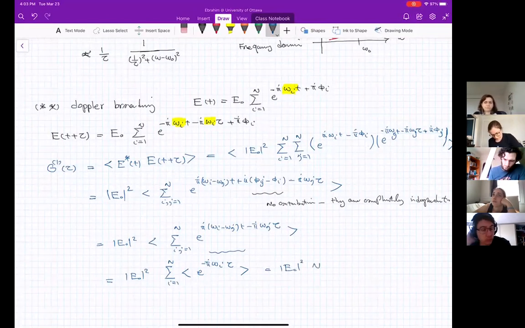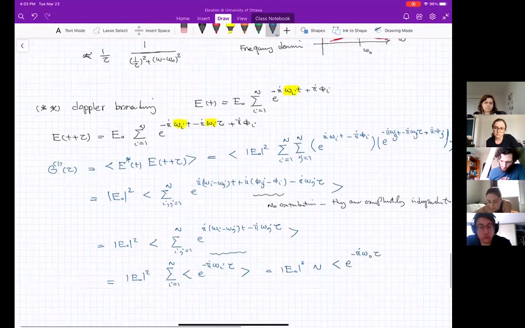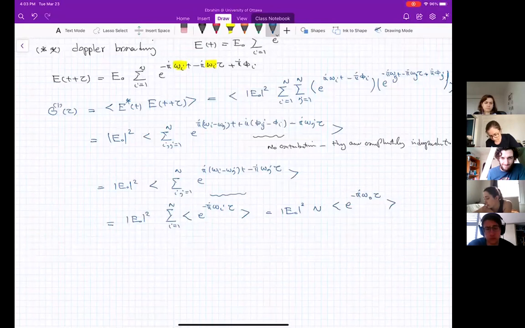Then that will look like n e power of minus i omega tau, let's say omega, one single frequency that we assume. So what I have done, I assume that I have n different atoms, with a frequency of omega naught being the central frequency of them.